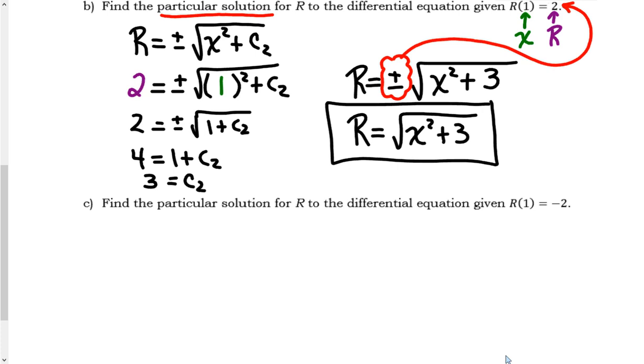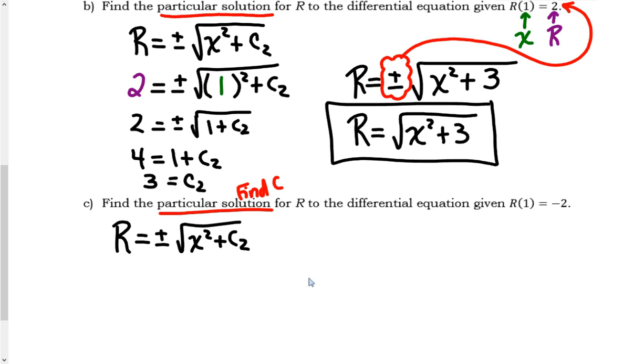So let's look at part C. Part C, we're doing a particular solution again, so that means we're going to find C. And now we have the same function that we had. Let me write down our function again. R is plus or minus square root of x squared plus C2.